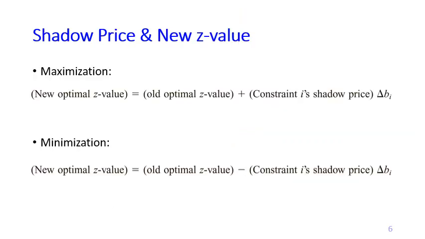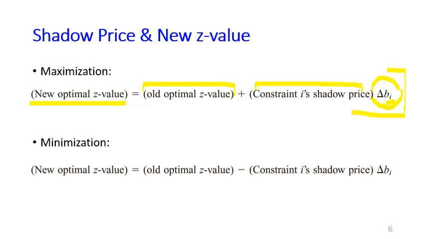Once we have obtained the shadow price, we may use it to calculate the new optimal z value. So for maximization, the new optimal z value is the old one plus the shadow price of the ith constraint times how much change you make to that constraint. Remember, the change must be in the boundaries such that the current basis remains optimal.